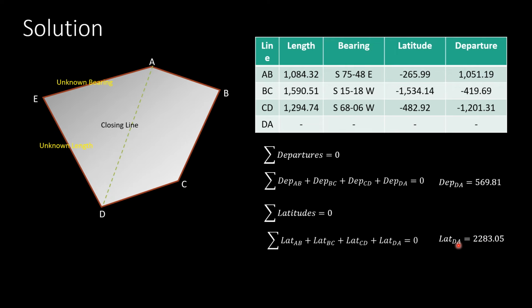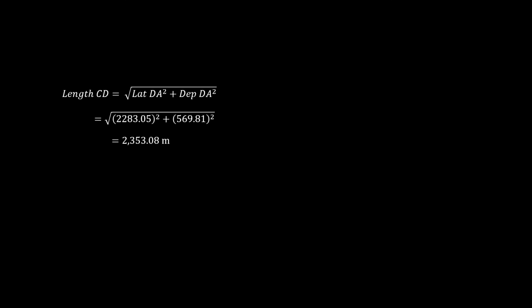Knowing the departure and the latitude of line DA, we then calculate the length of DA, which is equal to the square root of the sum of the squares of the latitude and departure of DA. So we substitute the values, we get the length equal to 2,353.08 meters.